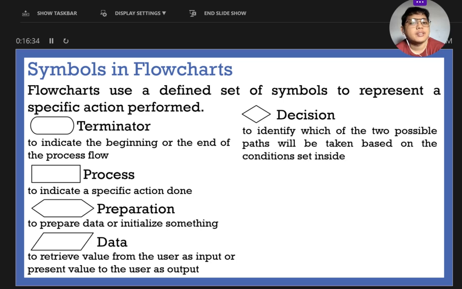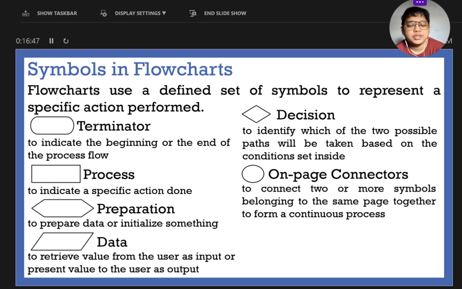This is used to identify which of the two possible paths will be taken based on the conditions set inside. Next we have the on-page connector. It is used to connect two or more symbols belonging to the same page together to form a continuous process.